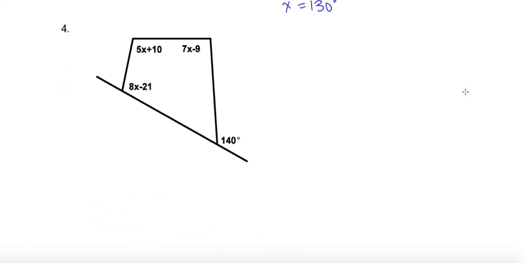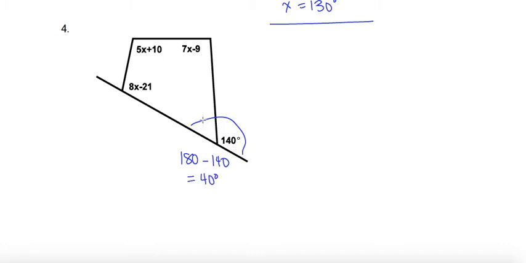And the last example that we're going to take a look at is example 4. We want to solve for x, and we're going to first do that by solving for this mystery angle right here. I know that these two angles will form 180 degrees. So 180 take away 140 is equal to 40 degrees.